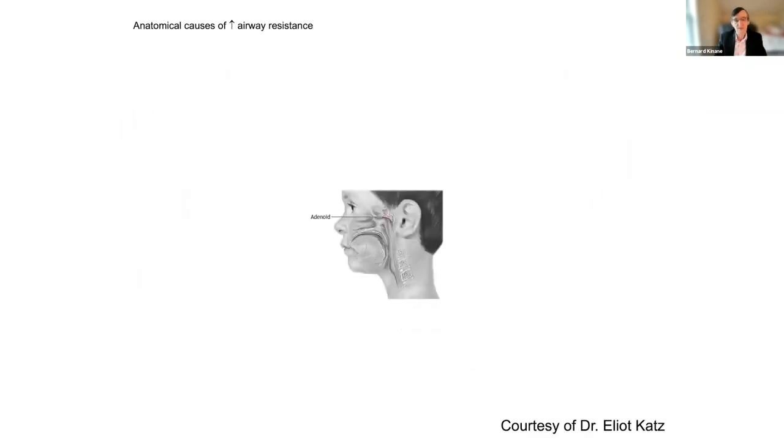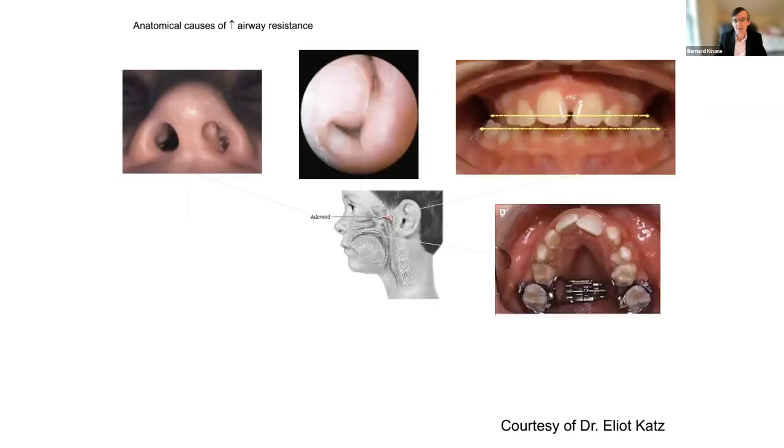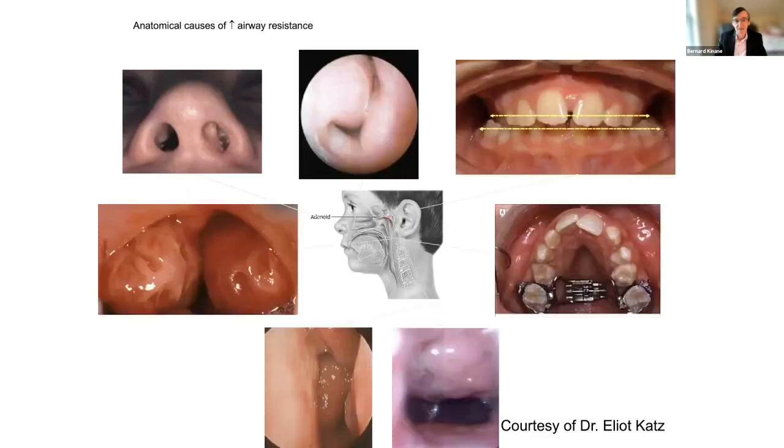Now, when we get somebody with obstructive sleep apnea, we examine them, looking for things that we can fix. We look in their nose, and we look for allergies. We look for cross bites, which we see a lot in Myhre syndrome, because we can fix them with palate expanders.